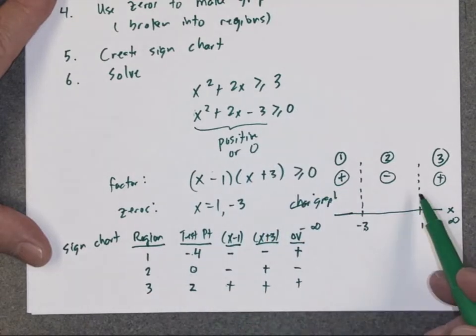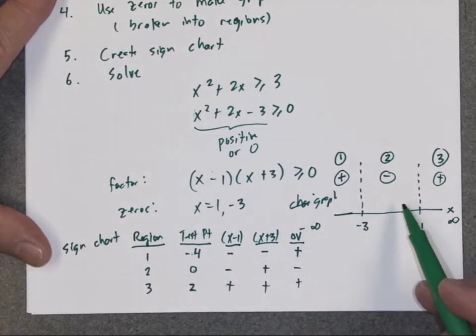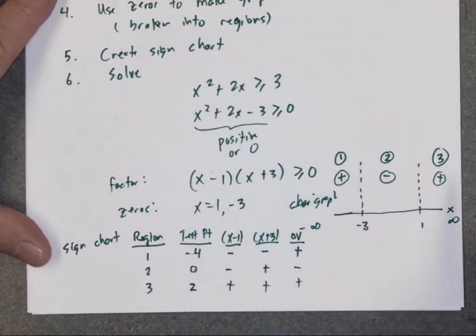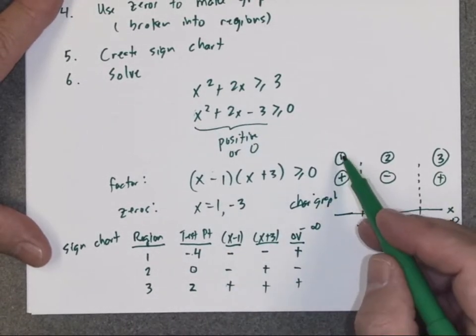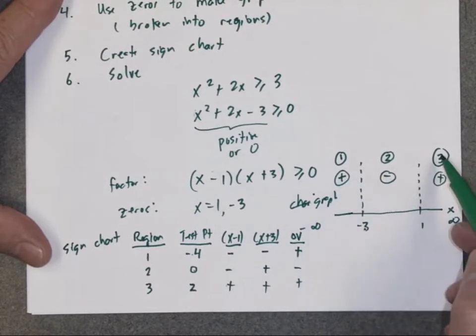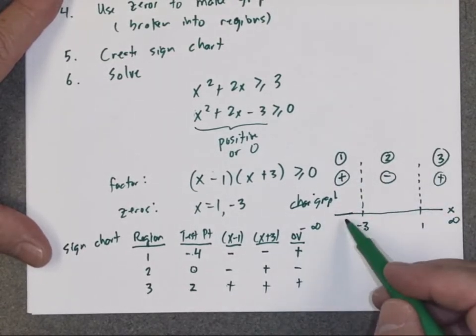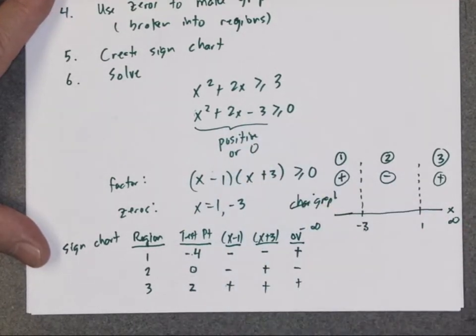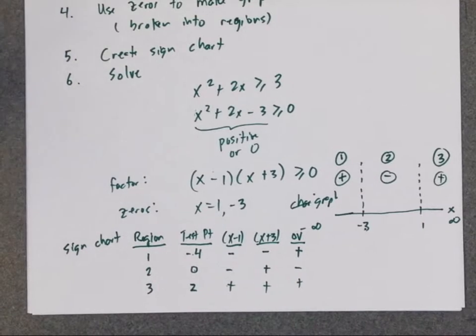And you know what I've got here with this chart now? I know which values of x cause this expression to be positive. Region 1 is a positive region. Region 3 is a positive region. In other words, any value of x in region 1 or region 3 will cause this expression to be positive, which means it's greater than 0.